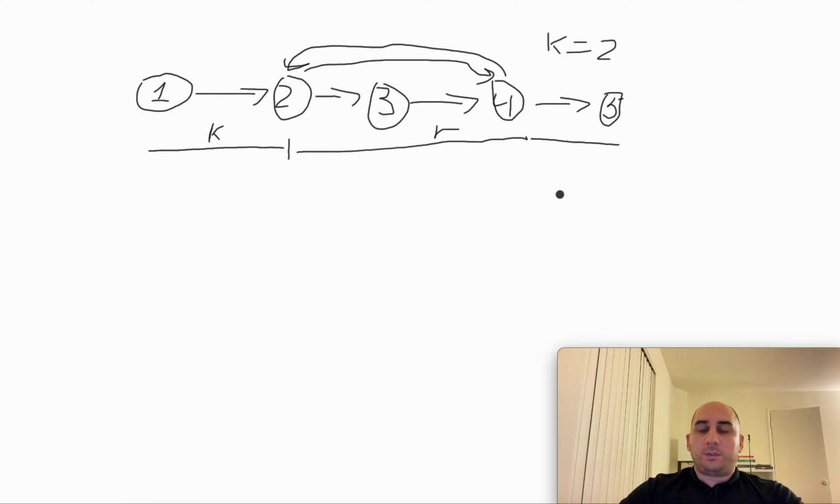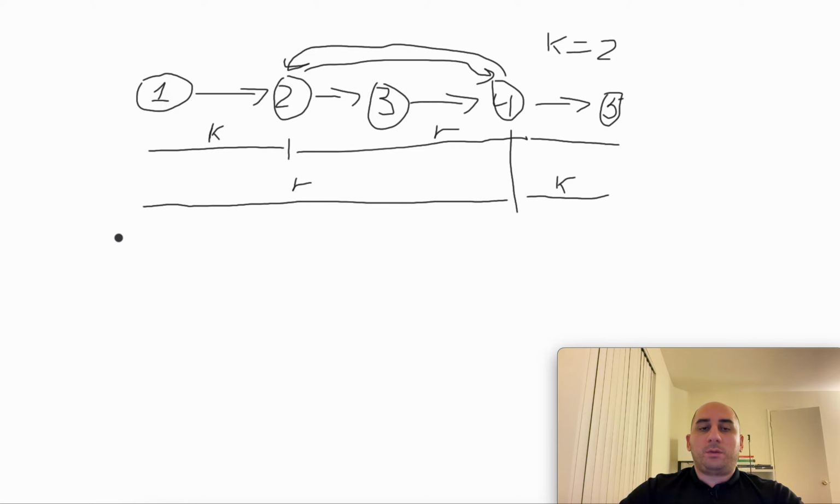How about the opposite direction? The opposite direction is exactly the same. So this distance is k, and from here to here, this distance is r. So exactly the same distance.